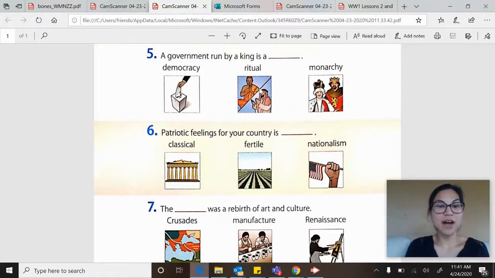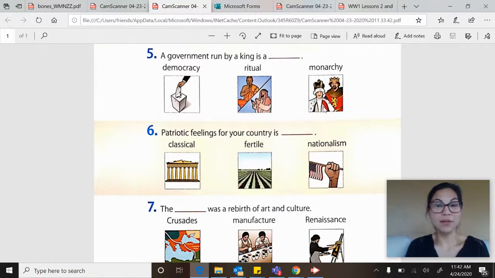For number 5, it says, a government run by a king is a blank. Your options are democracy, ritual, or monarchy. I want you to look at every picture, and identify the picture where there are people wearing a crown.